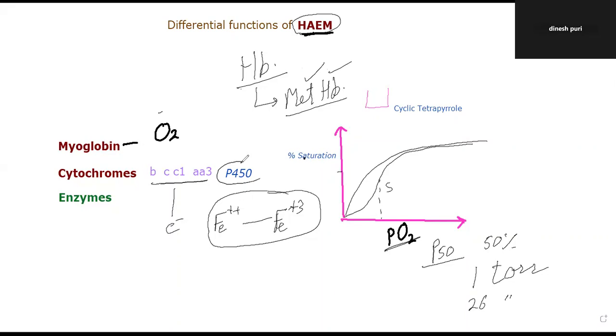Likewise, cytochrome P450 is involved in the detoxification of drugs. And then certain enzymes, for example catalase and tryptophan pyrrolase, also contain heme. So we repeat, the same heme is performing different roles in different proteins, and that all depends upon the apoprotein portion.